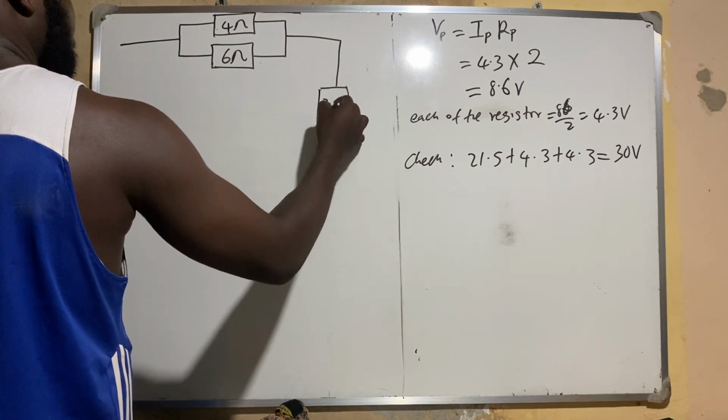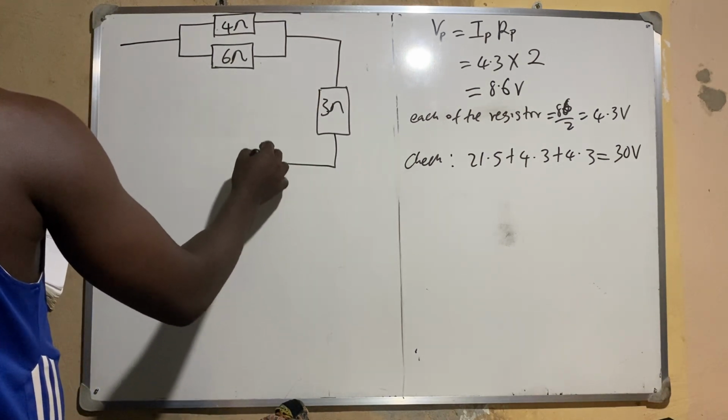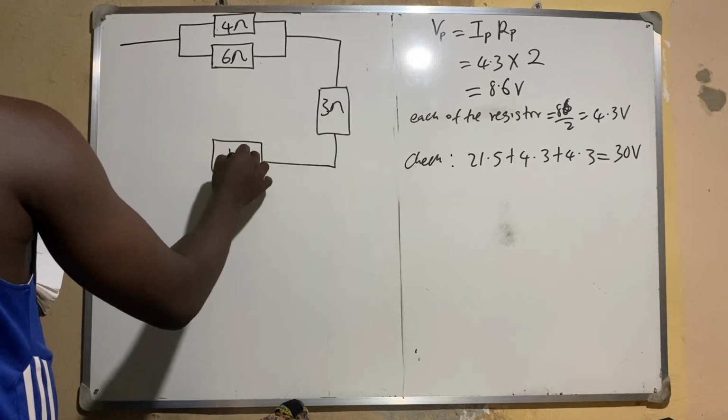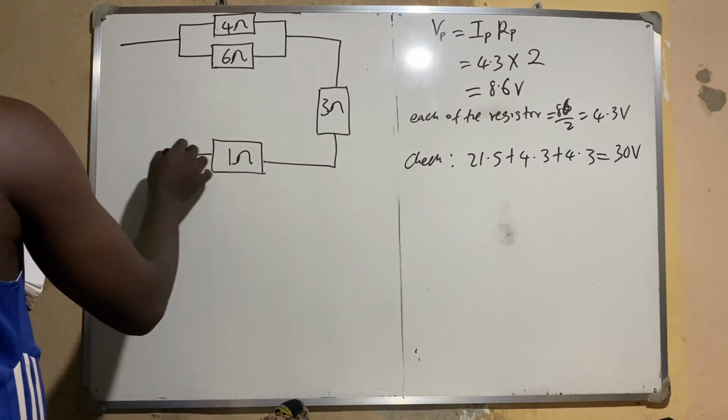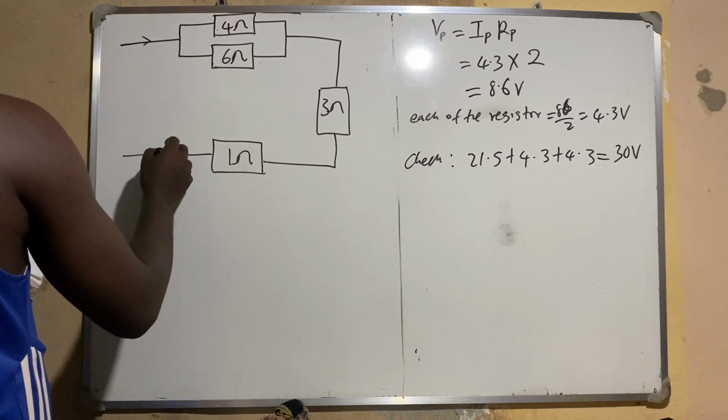This one is 3 ohms, then connected to another one here. This one is 1 ohm, then connected this way. Current came in here and left here.